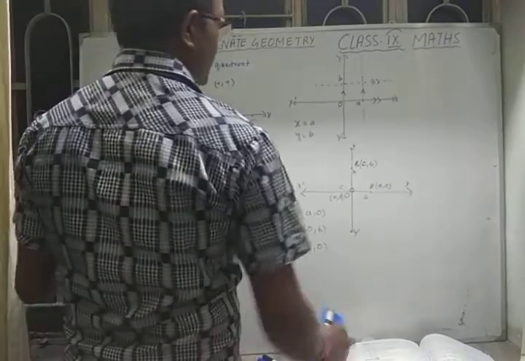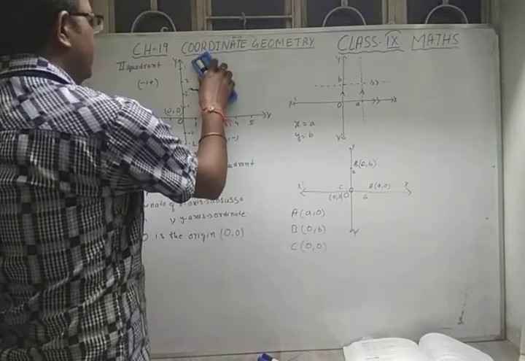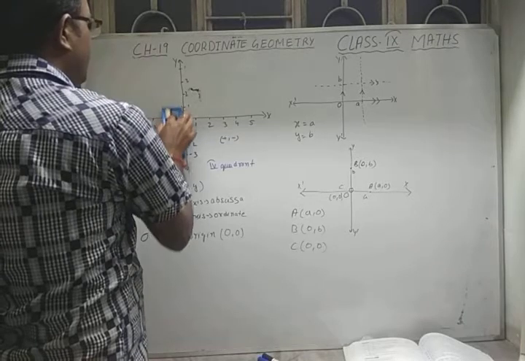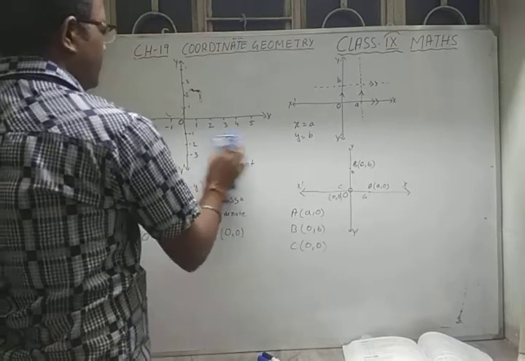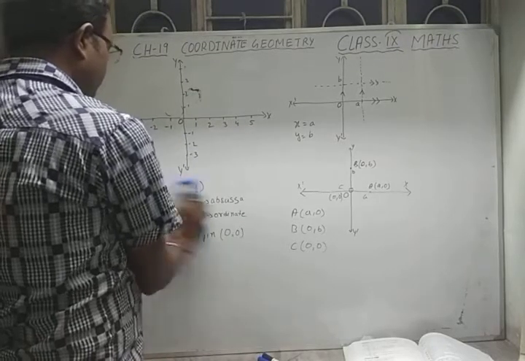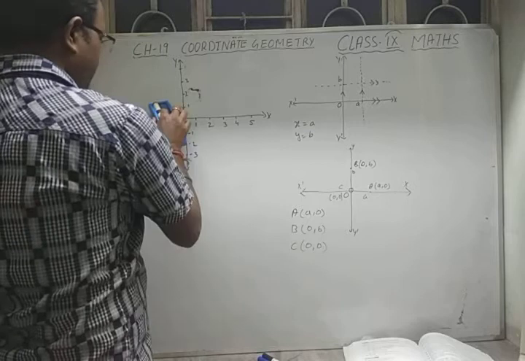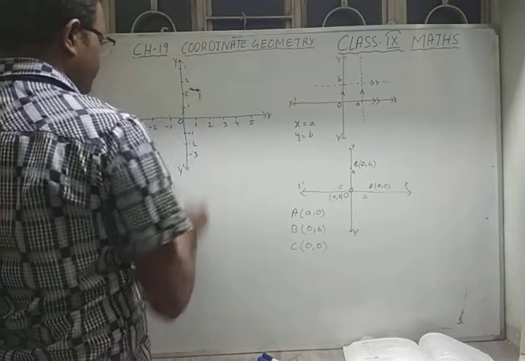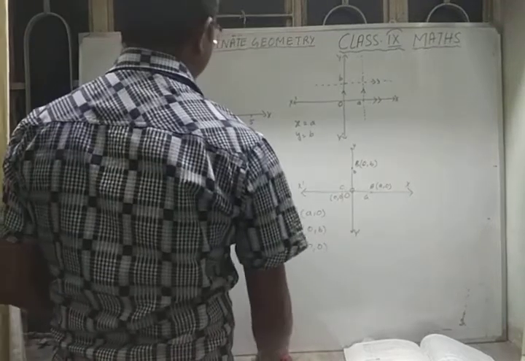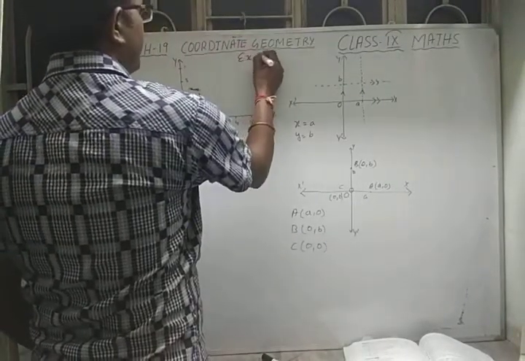Before doing this exercise, I will rub these things out. On the same graph I will do the sums for exercise 9.1. Now we will start exercise 9.1.